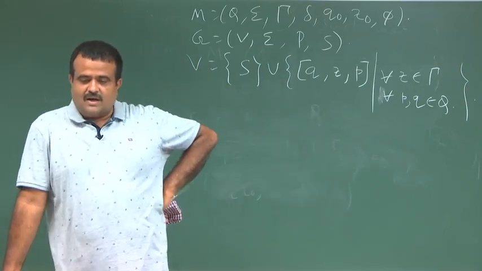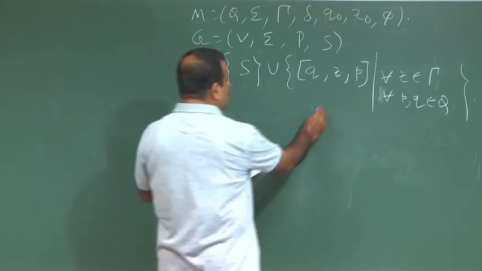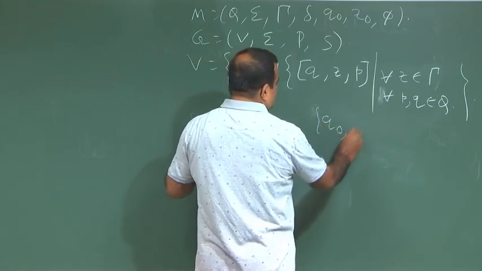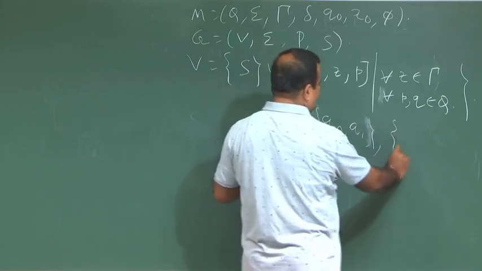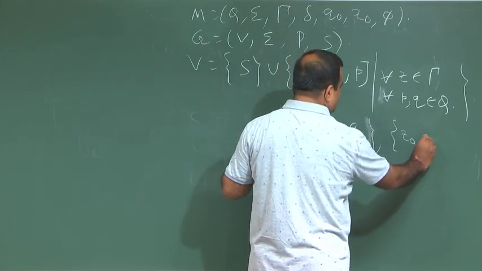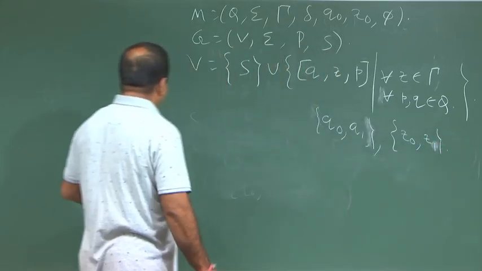So if there are two states Q 0, Q 1 and if there are say 2 symbols Z 0, Z 1, then what is our V?